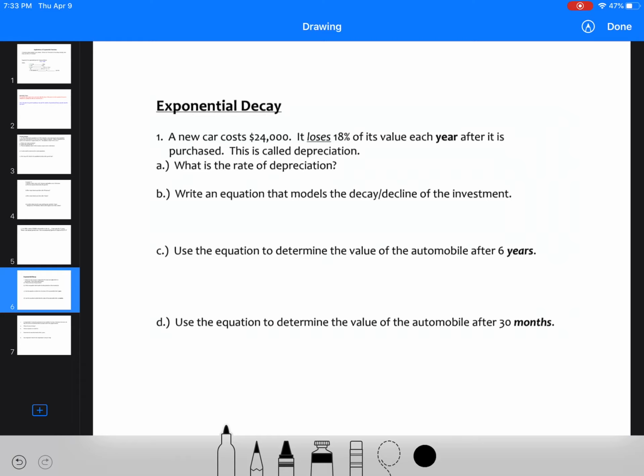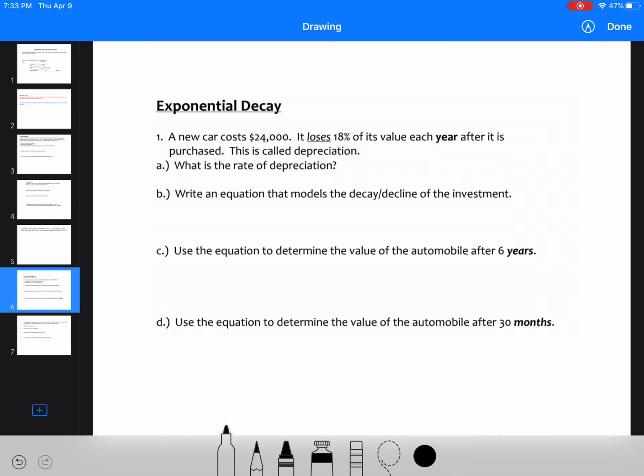They're very, very similar. A new car depreciates at 18% per year after it's purchased. So what's the depreciation rate? What this is asking for is our B value. If we have 1 as our normal, we would add 18% to 1. For depreciation, we're going to subtract.